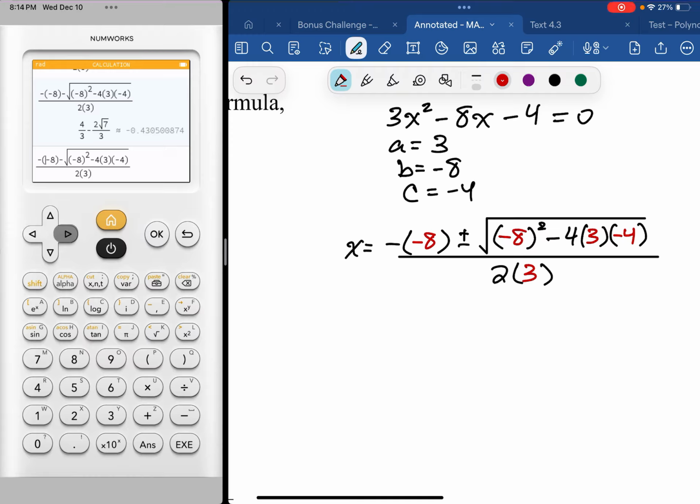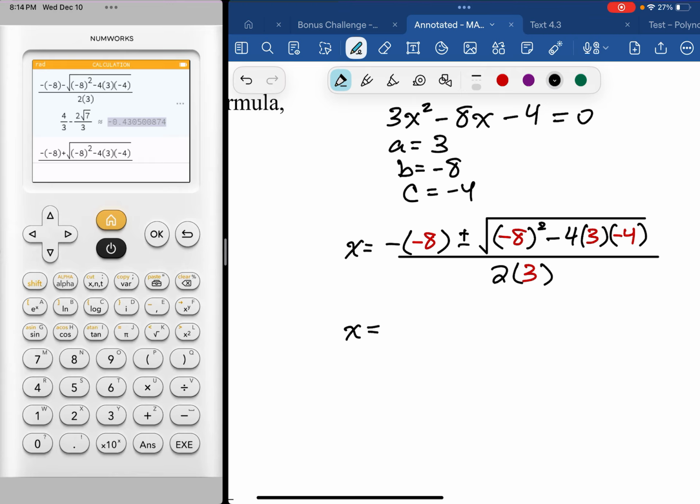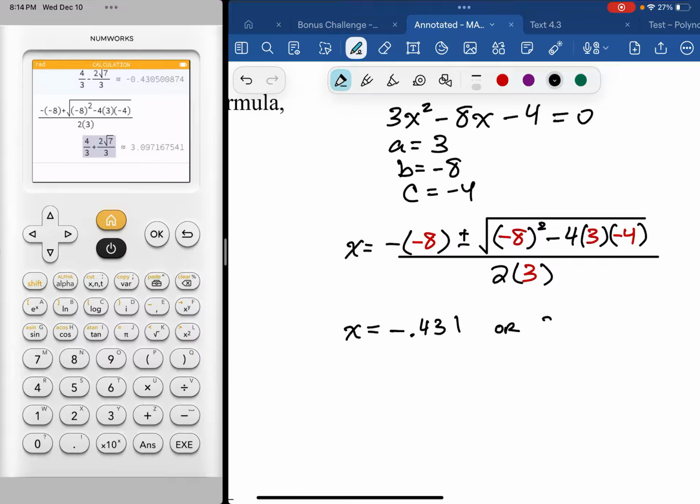Now, the good thing about this particular calculator is that it'll simplify radicals for you. So it looks pretty gnarly here, but it's really the decimal that we're after anyway. So for the x value here, aside from the radical form, which you may want, I'm just going to grab the decimal form: negative 0.431 or 3.0972.